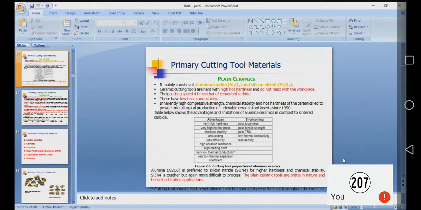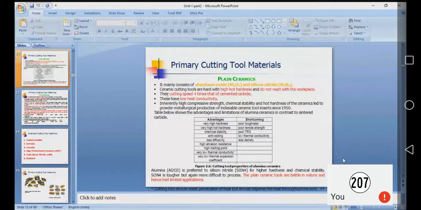So shortcomings क्या? Poor toughness, poor tensile strength, poor TRS. TRS check करना पड़ेगा बेटा क्या है? And the low thermal conductivity and less density. So alumina is preferred to silicon nitride for higher hardness and chemical stability.